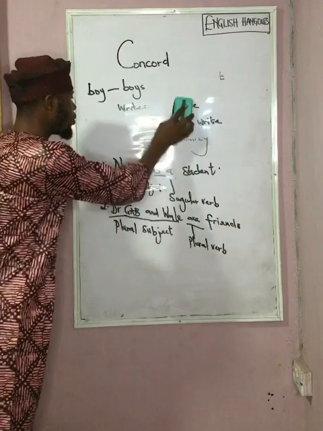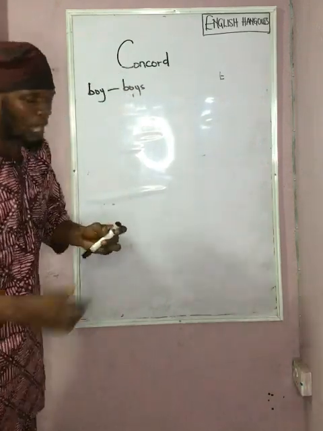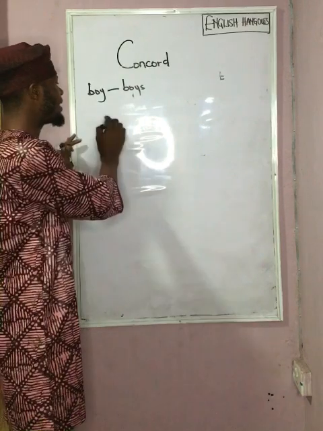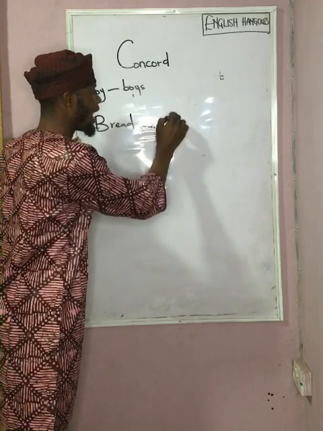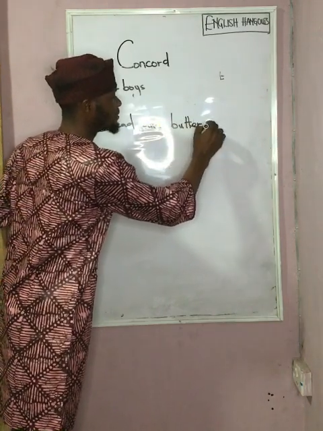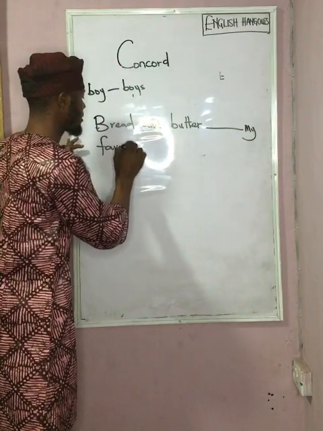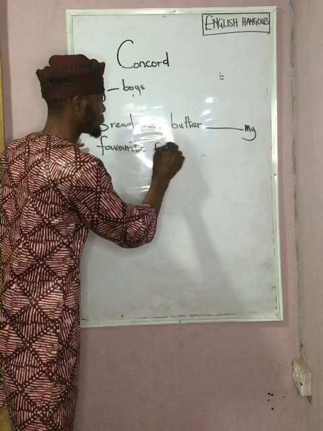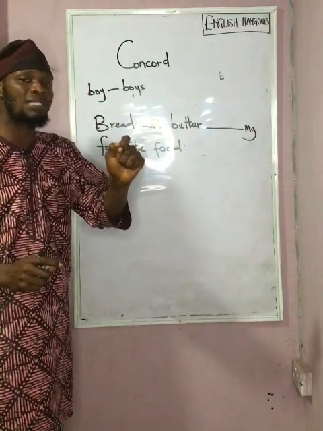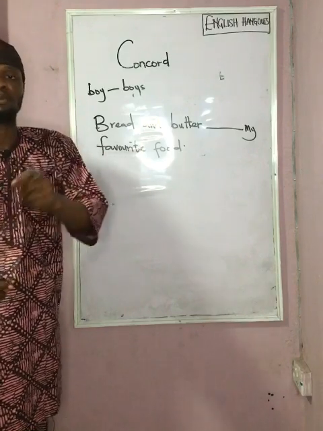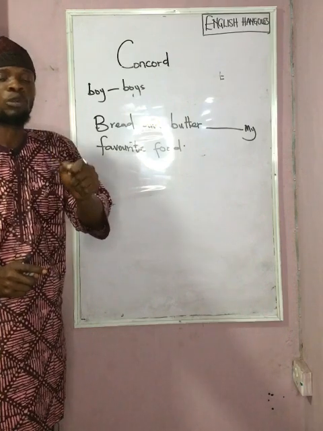The second part has to do with compound subject rules. In a situation where we have bread and butter dash my favorite food, because we said the other time that a singular subject should always attract a singular verb, while a plural subject should always attract a plural verb.